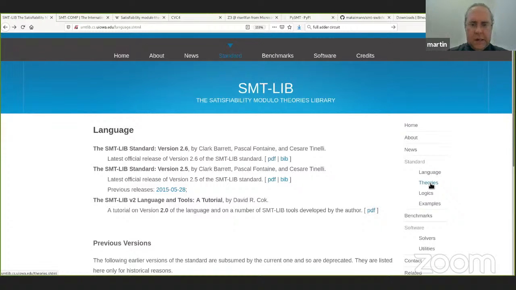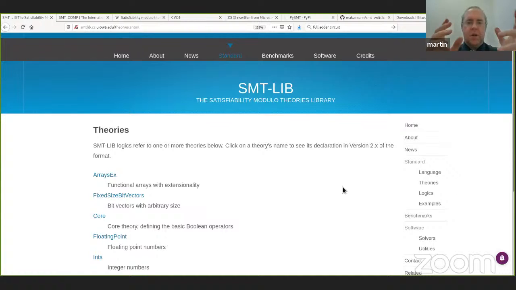More interestingly though, we have this thing saying theories. SMTLib has a distinction which confuses a lot of people to start with between theories and logics. So a theory is effectively the fixing of the interpretation of some symbol.